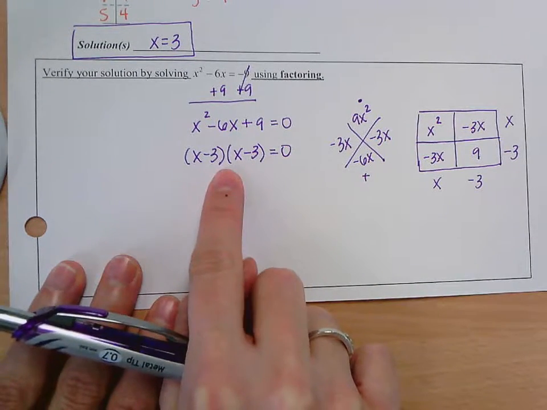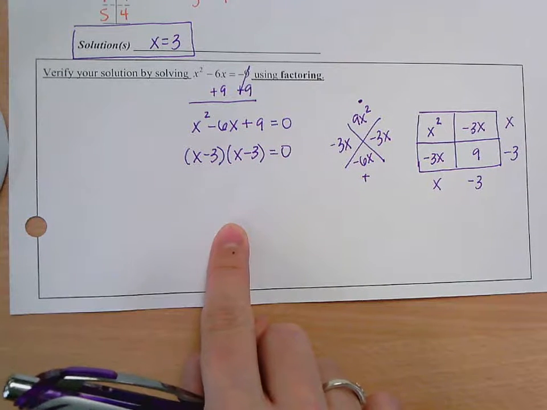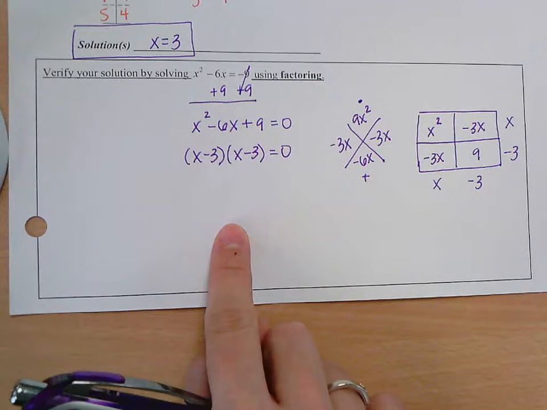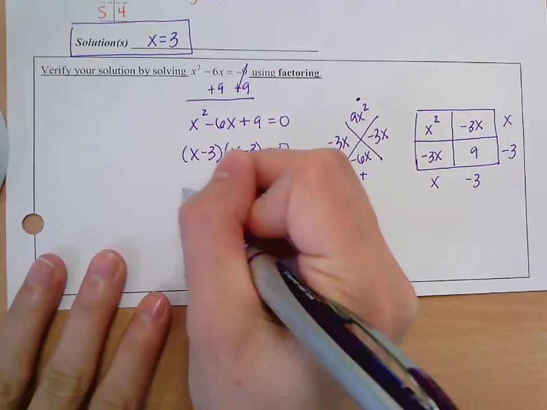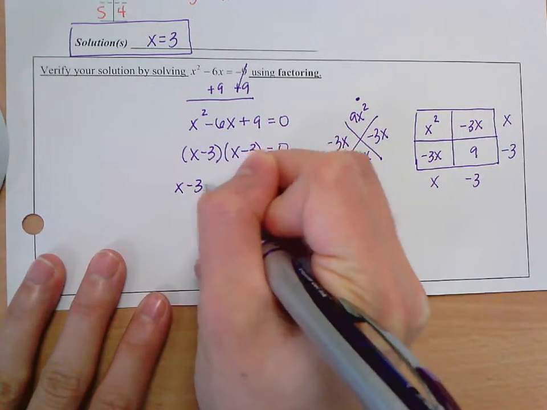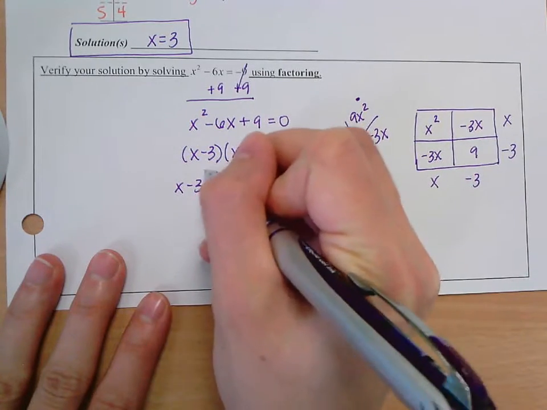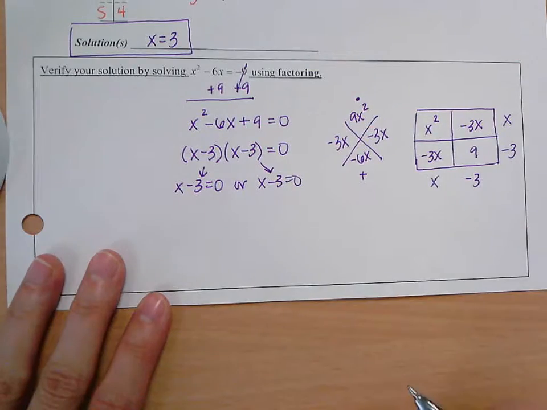And once it's factored, what do I do next to solve for x? What do I do? What are you saying, Michael? Thank you. Your hand was covering your mouth, so I couldn't hear it. So I have x minus 3 equals 0 or x minus 3 equals 0.